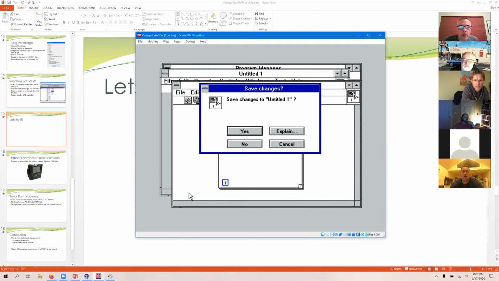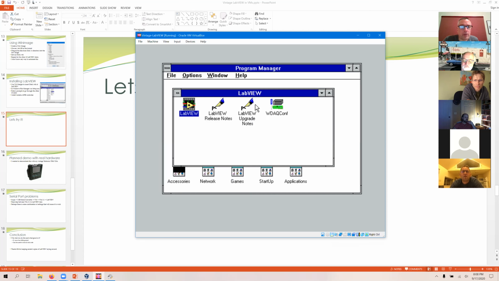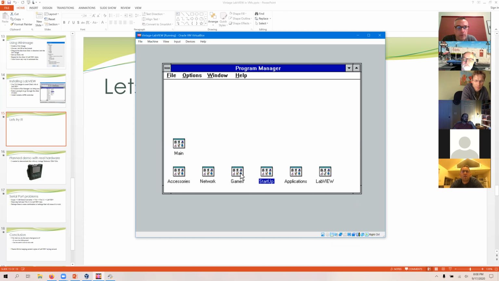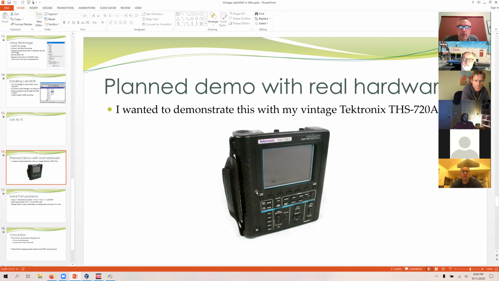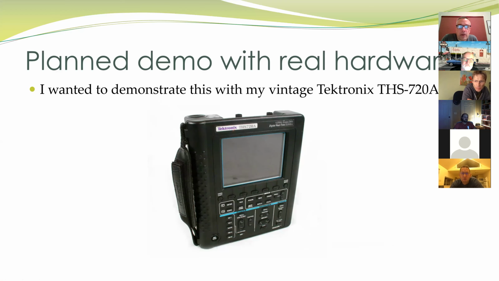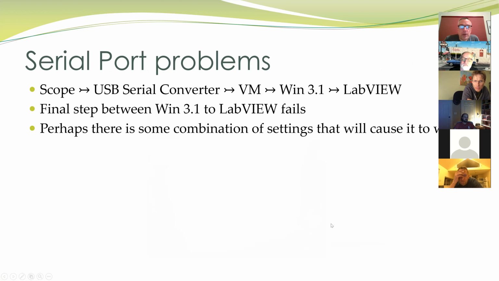So I had some grandiose plans to have a demonstration of this talking to some actual hardware, because I have a vintage, same sort of vintage Tektronix TH, and I have a serial cable I made for that, and I have that talking to a PC over USB, but I could never get it to work. The scope talks to the serial converter, that talks to the VM, that talks to Windows 3.1.